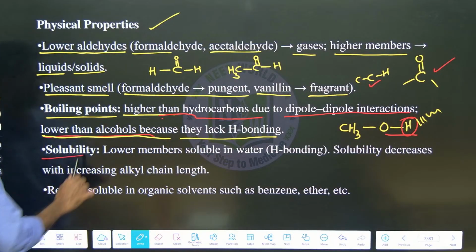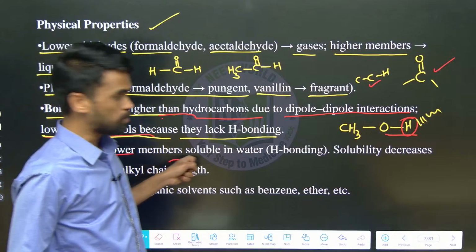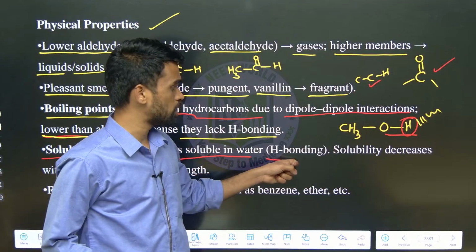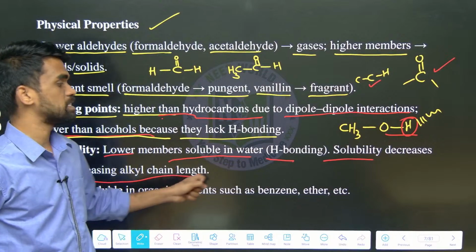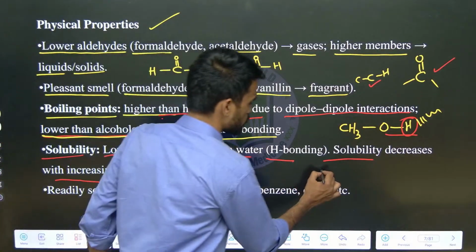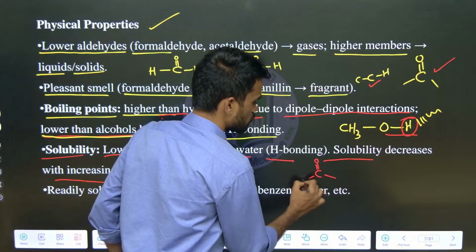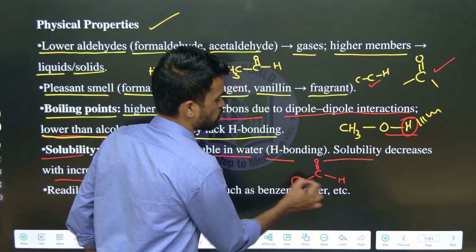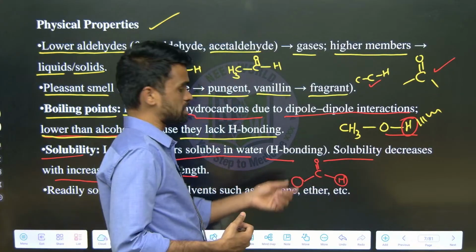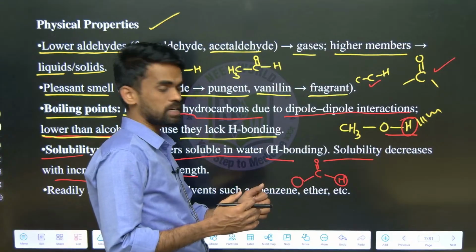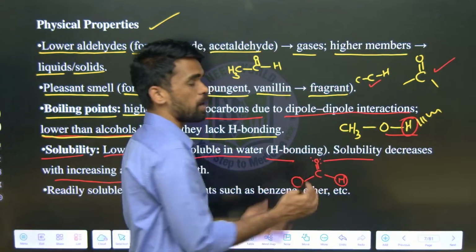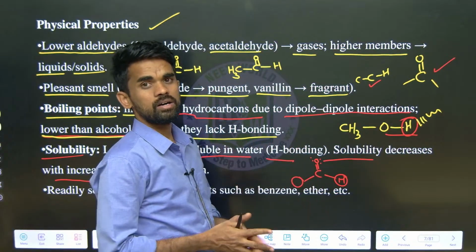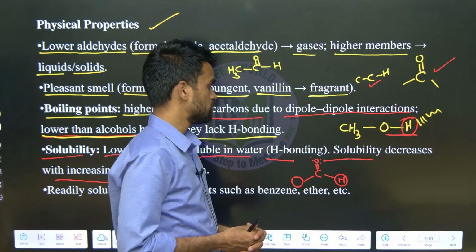Now solubility: lower members are soluble in water due to hydrogen bonding, but solubility decreases with increase in alkyl chain. See, in carbonyl groups, if the attached groups are small, then it has less non-polar nature, and using the oxygen lone pairs it can form hydrogen bonds with the hydrogen of water molecules.